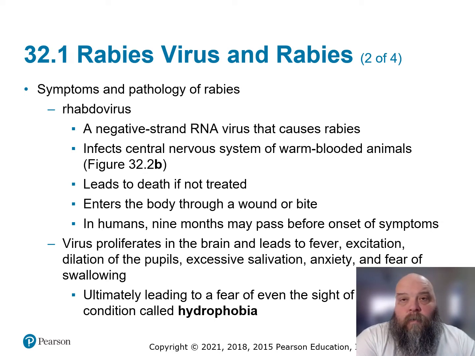Keep in mind, the rabies virus is a rhabdovirus, a negative strand RNA virus. So it's a single strand, negative sequence, non-coding. It infects the central nervous system. Now, yes, you may get bit on your arm. Doesn't mean that, oh my God, it's not my brain or my spine, I'm good.